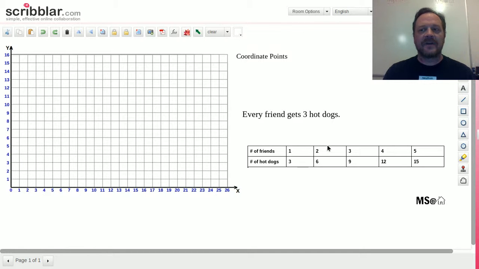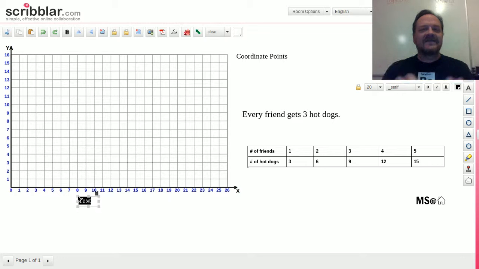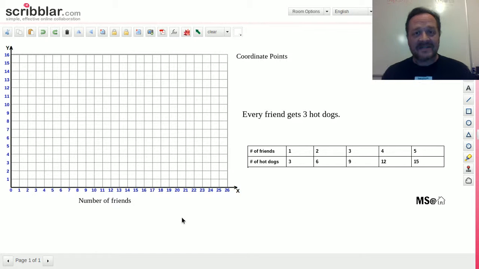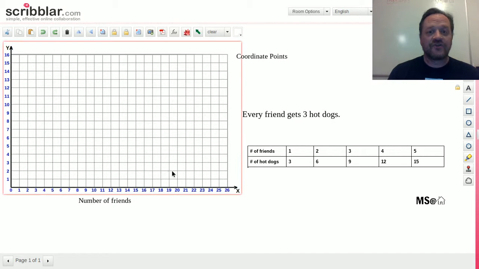I don't know if I have enough room to put this on here, but if I wanted to give the x-axis an actual label, I would say the number of friends. Any one of those numbers on the x-axis represents the number of friends that should be coming to my party.